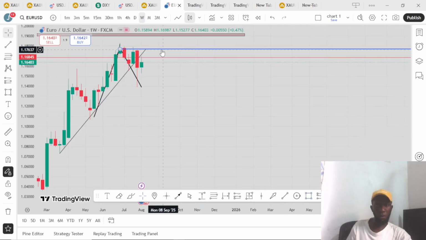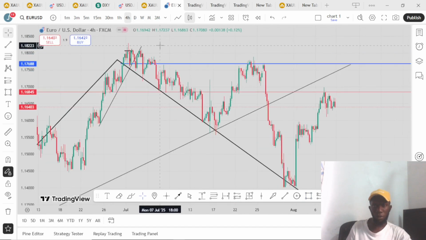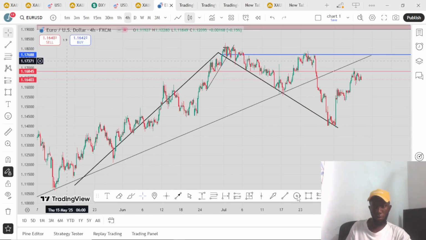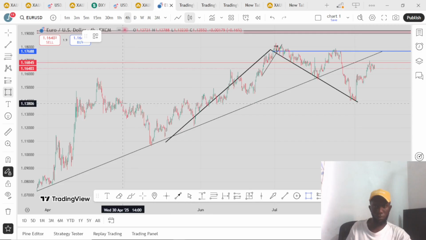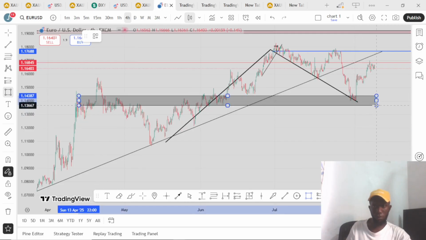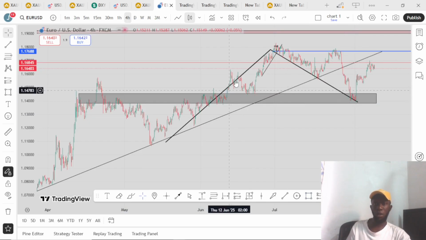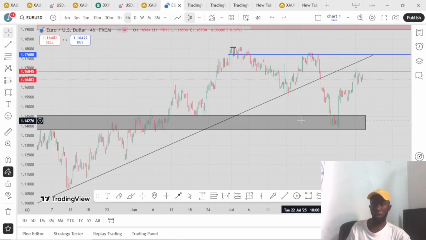So since this is the zone that is holding price, this zone that is holding price.